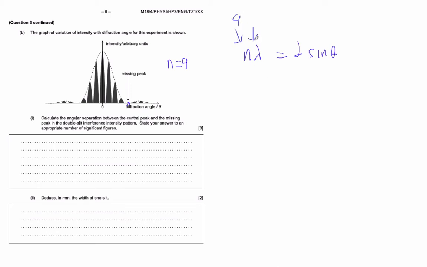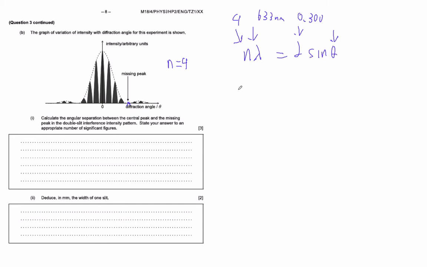We know lambda from the previous page is 633 nanometers. We know that this is 0.300, and then you can figure this out. I think they get it in radians.